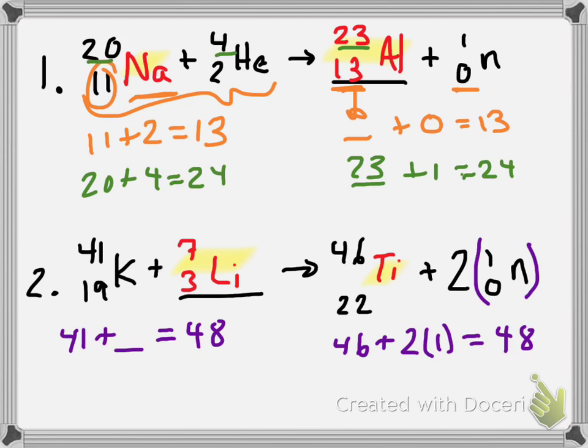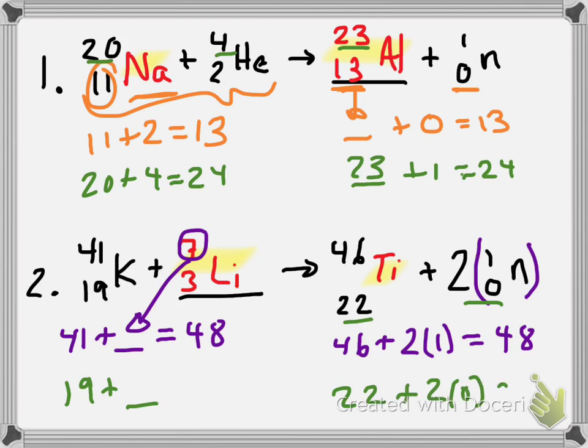So 41 plus 7 equals 48, so that's what I put as my atomic mass for my unknown. And now I'm looking at my atomic number, so 19 plus blank. And on this side, I have 22 plus 2 times 0, which equals 22. So 19 plus something has to equal 22, so that something has to be 3.